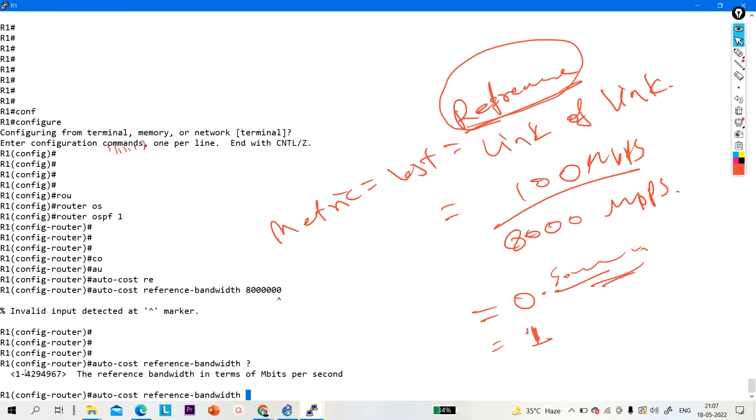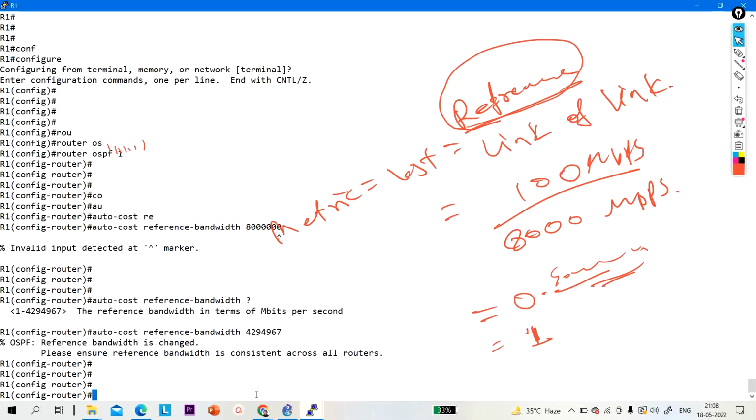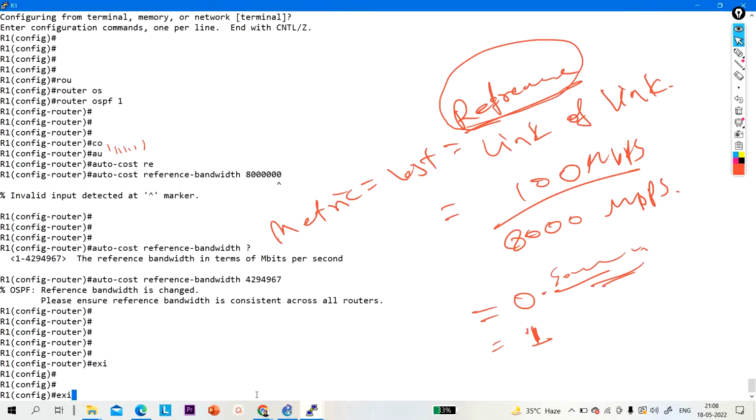You can configure the reference bandwidth from 1 to 4294967. Okay, so my reference bandwidth is, suppose, 4294967.